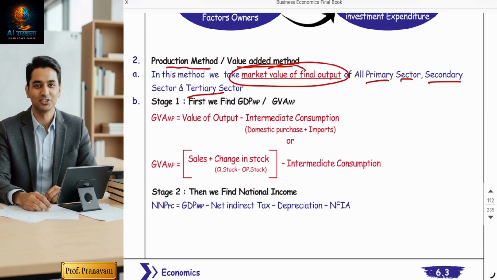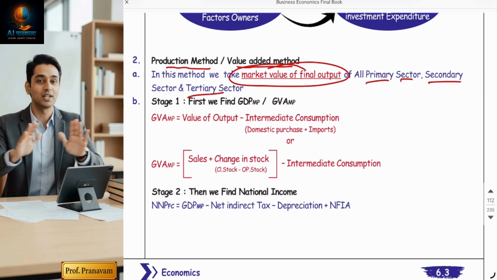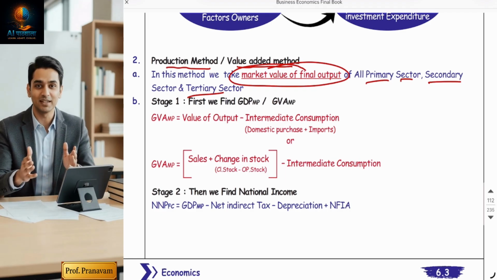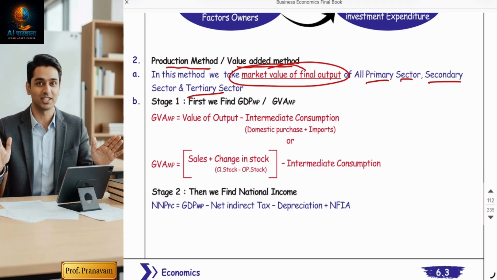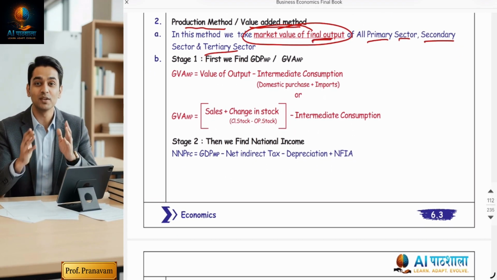Either you are selling goods or you are selling services, and the money value of goods and services is always equal to income, and that is called factor income. That's why the national income is also called NNP at factor cost, net national product at factor cost. So by the production method, just the final output market value is added from all the sectors.